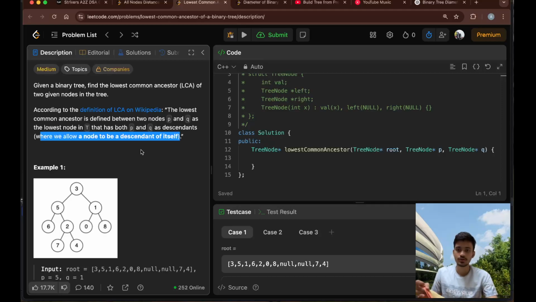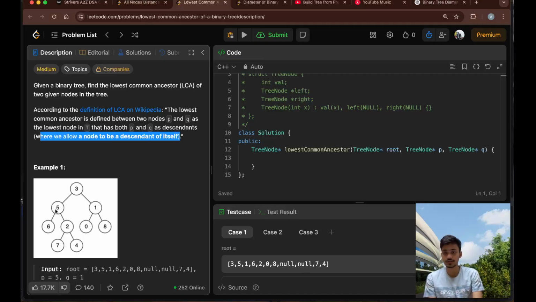That means the LCA is the first node where the P and Q subtrees exist.